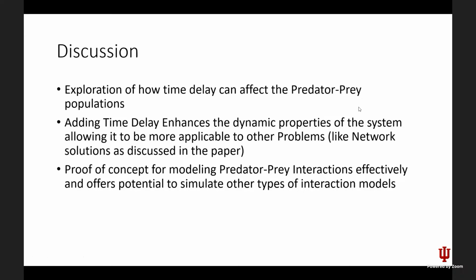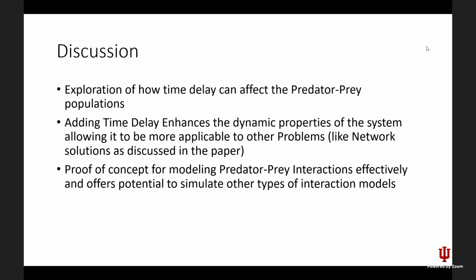So basically, this main paper applied this time delay effect in predator-prey populations to network solutions. They referenced how these dynamic characteristics of the system are applicable to networks and packet transfer. So that's how they were using this, which is why they wanted this time delay.